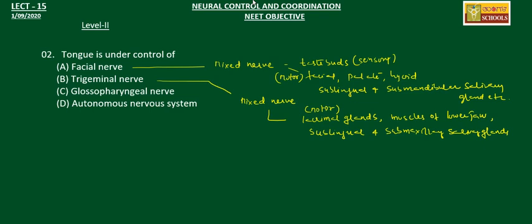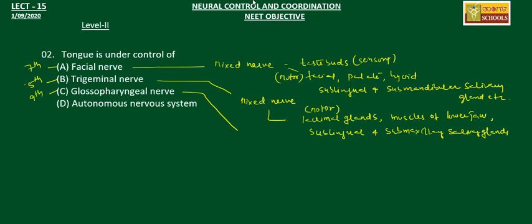And then coming to the glossopharyngeal. We know the facial nerve is the seventh cranial nerve, the trigeminal nerve is the fifth cranial nerve, and the glossopharyngeal nerve is the ninth cranial nerve.